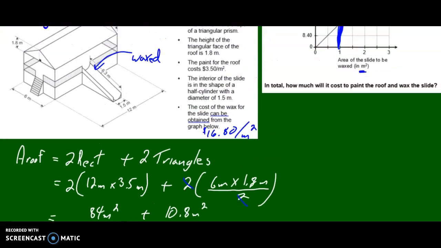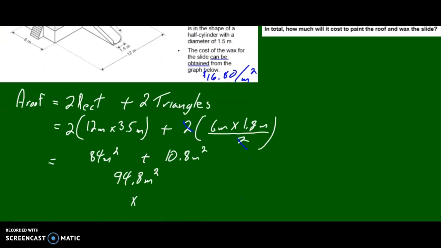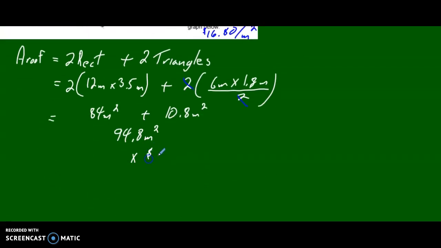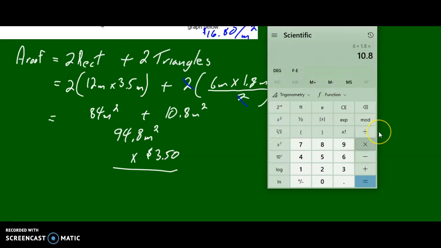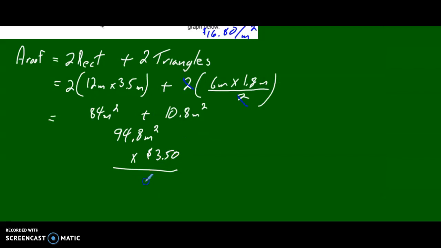We found the paint was $3.50 per meter squared. So 94.8 times 3.50 equals $331.80.